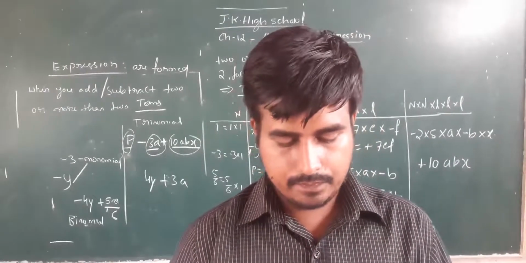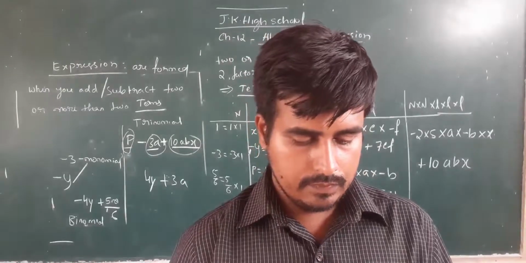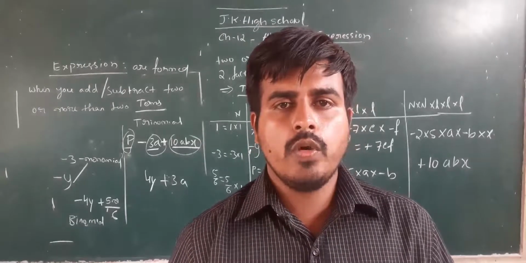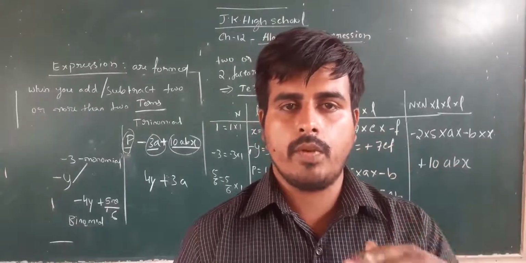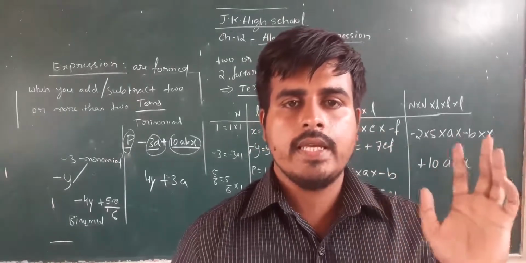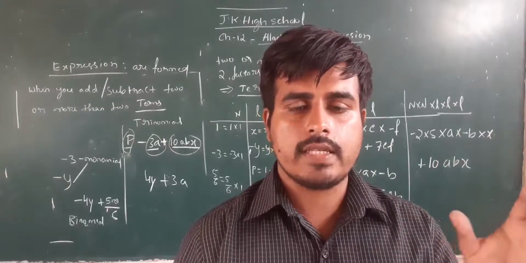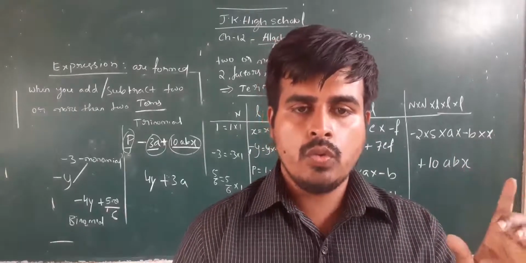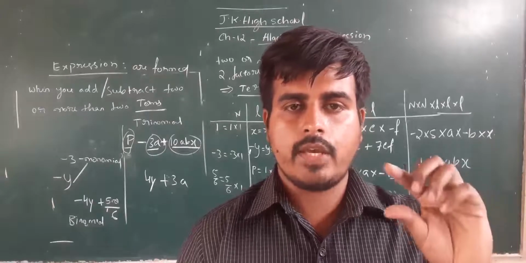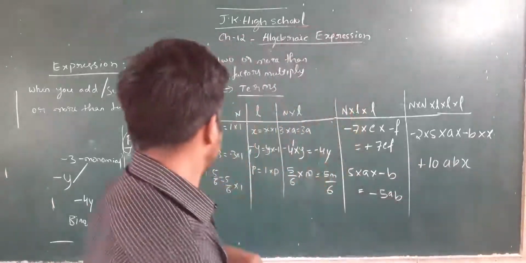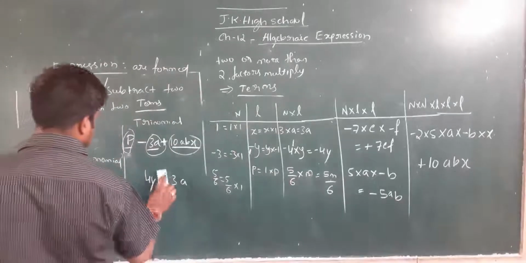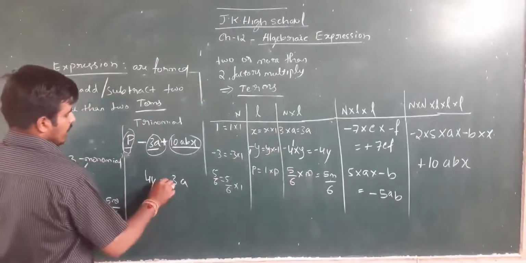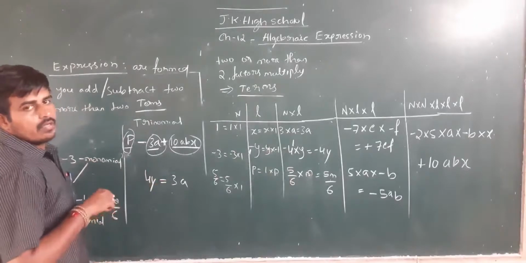Next, if two expressions have an equality sign between them, then it will become an equation. Remember, when you are going to call a given relation an equation, the two algebraic expressions must have an equality sign between them. Suppose instead of plus, if it is an equality sign, then it will become an equation.